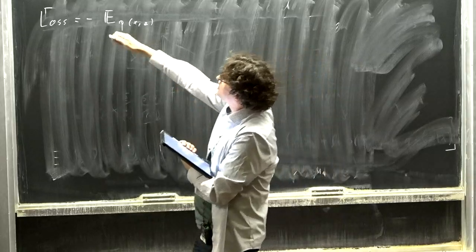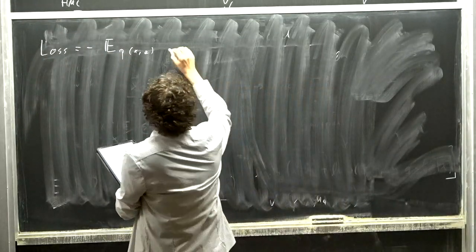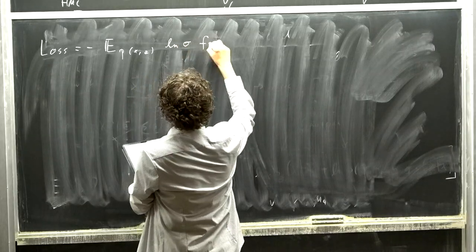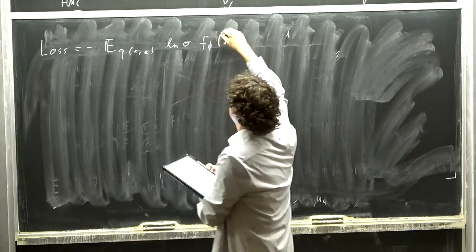So we have one part that corresponds to samples from class 1. And then here, the log of sigmoid of the output of some network f. And as input, it takes data and parameters.